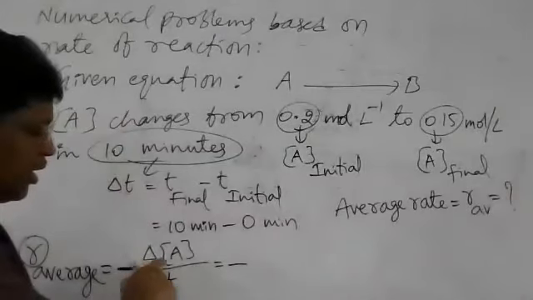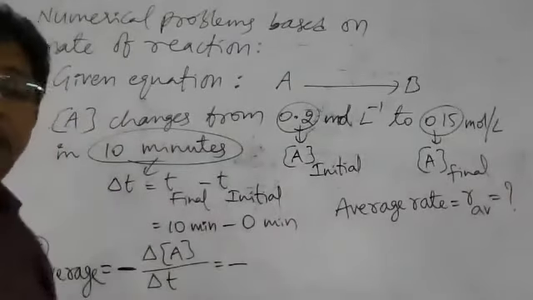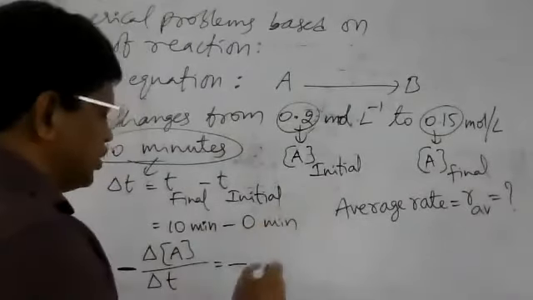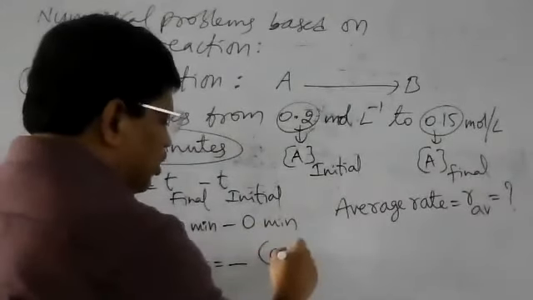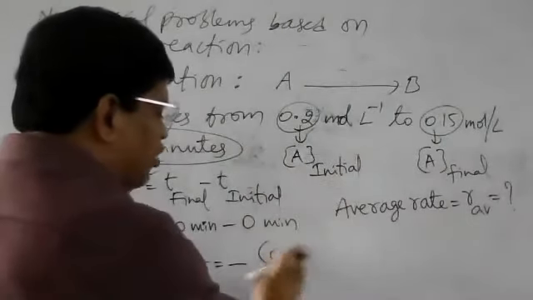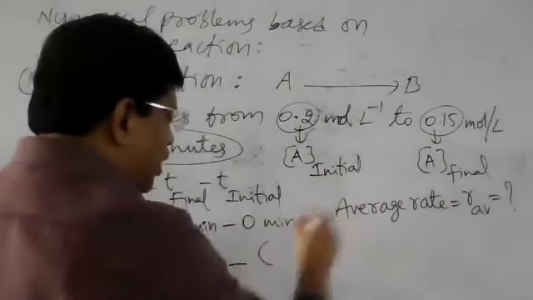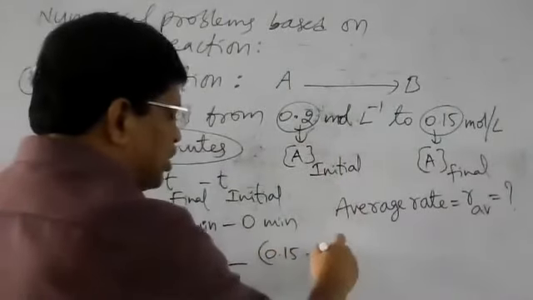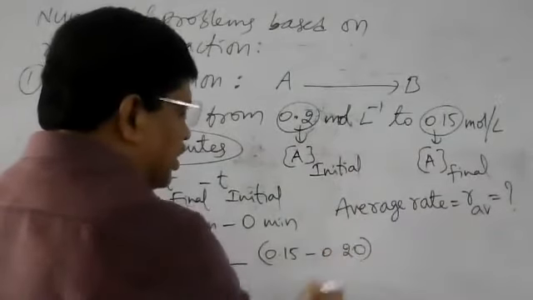Here, delta A means A final minus A initial. A final is 0.15, minus the initial, 0.20.